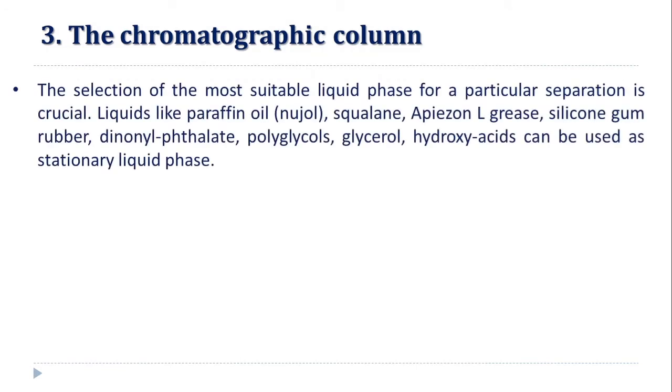The selection of the most suitable liquid for the stationary phase for a particular separation is crucial. Liquids like paraffin oil, that is Nujol, squalane, Apiezon L grease, silicone gum rubber, dinonyl phthalate, polyglycols, glycerols, hydroxy acids, these organic compounds which are high boiling point liquids can be used as a stationary liquid phase in GLC, gas liquid chromatography.